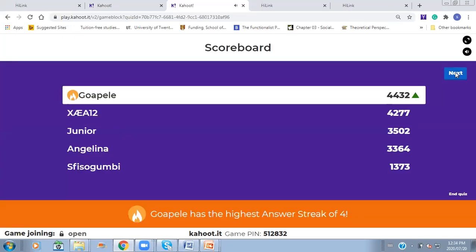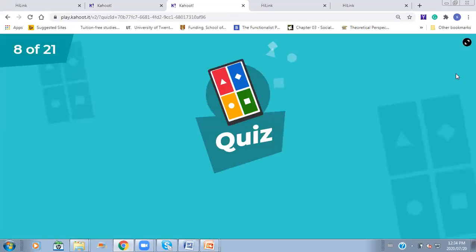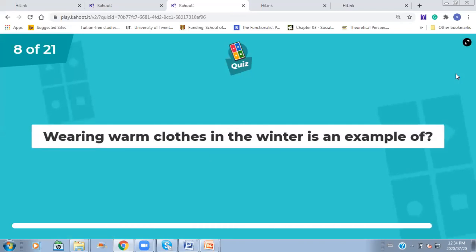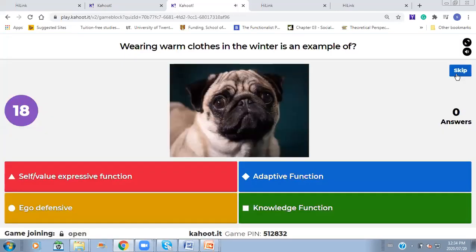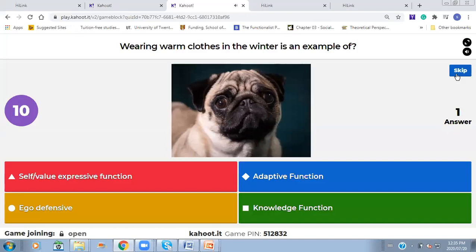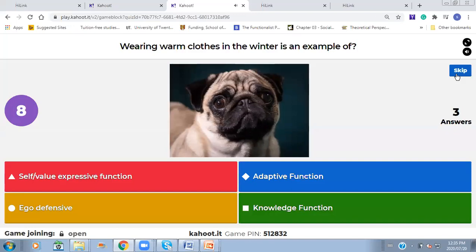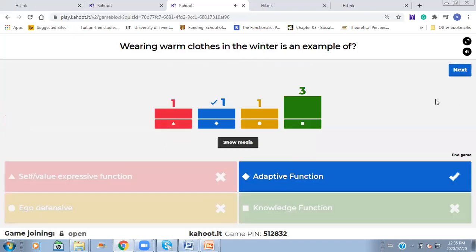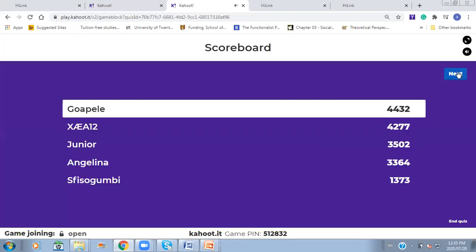Someone has overthrown A12. Let's go on. Wearing warm clothes in the winter is an example of, yeah, adaptive function. Only one person got this. That is a biology question.